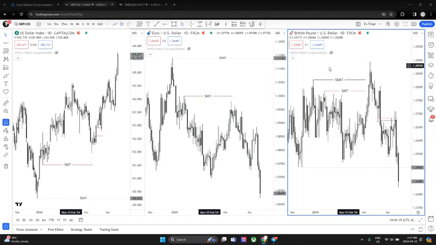So once this happened, we already had SMT. And after the SMT, you wouldn't short right here. Why? Because this wasn't sequential. So on this candle right here, you wouldn't want to be shorting. You would just be waiting for price to trade above here.